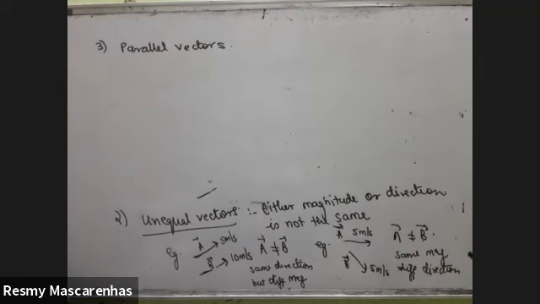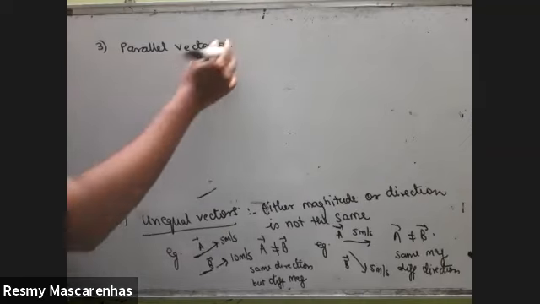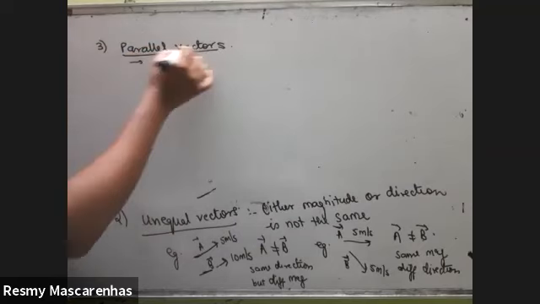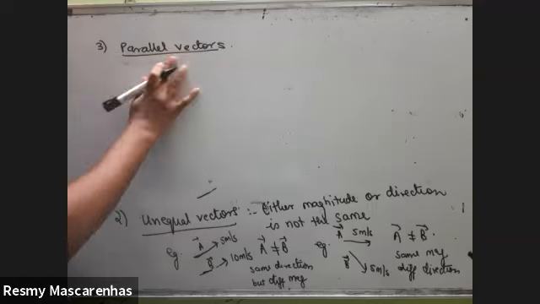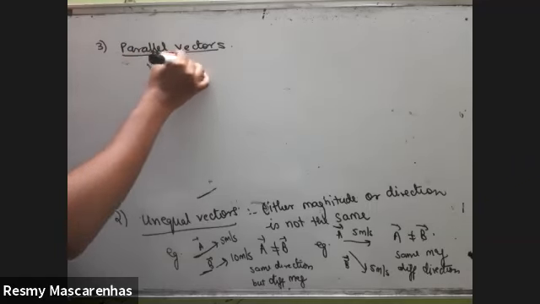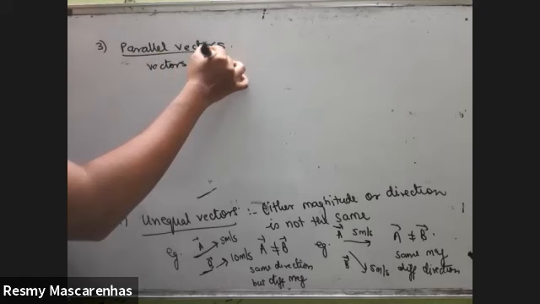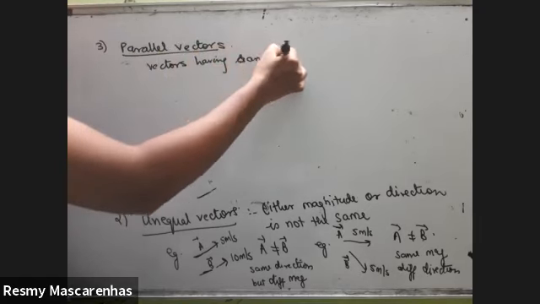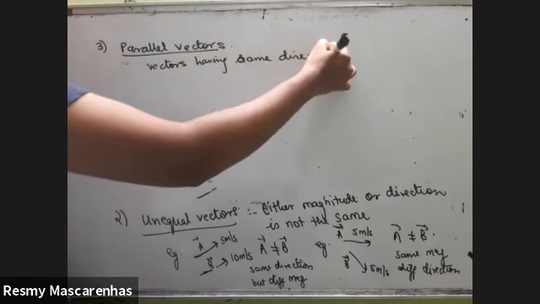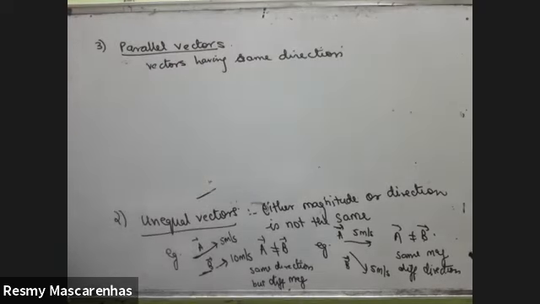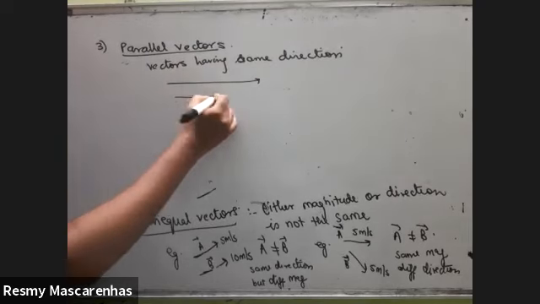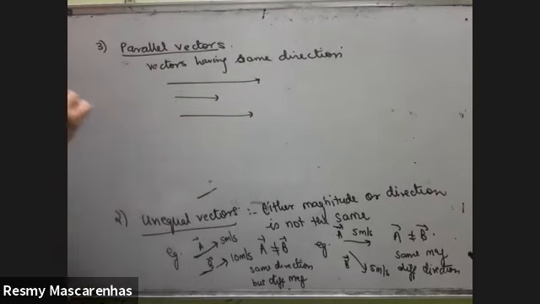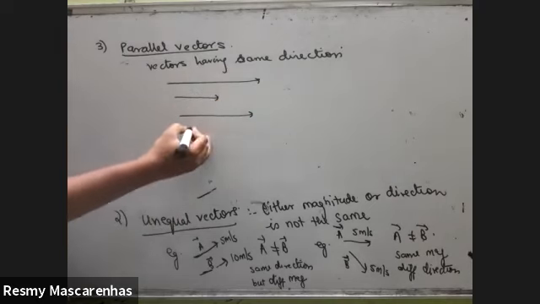Parallel can be any magnitude as long as they are going in the same direction. So the condition for parallel vectors is vectors having same direction. It could be this way, it could be a smaller one, could be a bigger one, anything. All these are parallel.